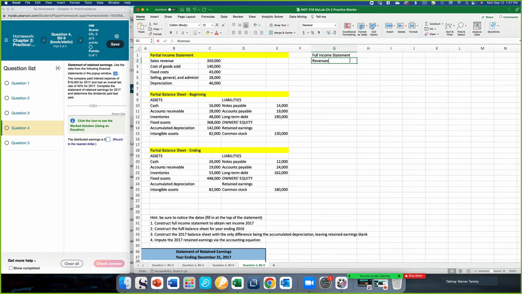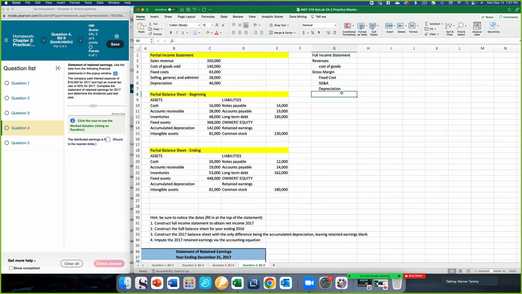So it goes revenues, cost of goods, gives us gross margin, and then we subtract fixed cost, SG&A, and depreciation. It's just easiest when you're doing this to lay it out so you can follow all the subtotals.